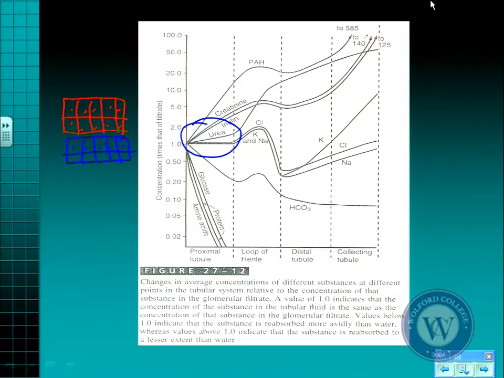So if you look at the concentration of sodium and water underneath it, I made it 10 boxes each. So each one is basically 10%. By the time you finish the proximal tubule, you've basically eliminated this.